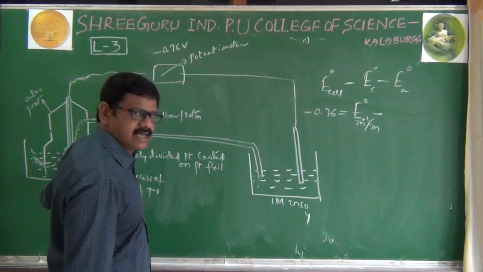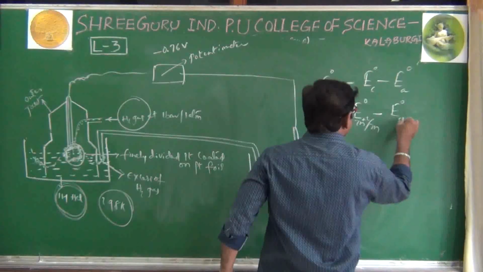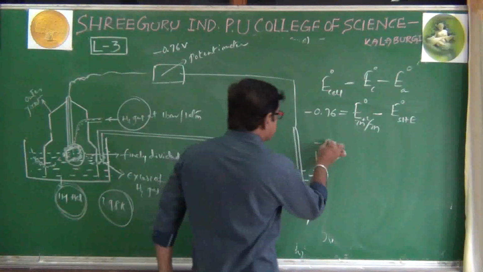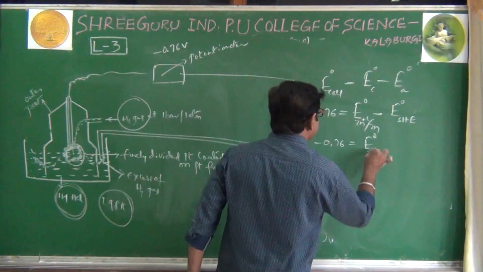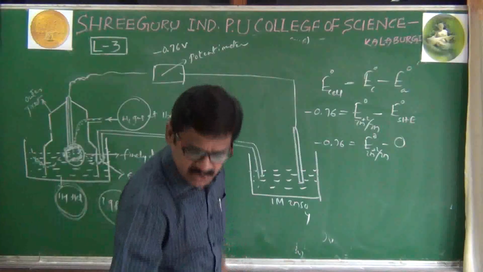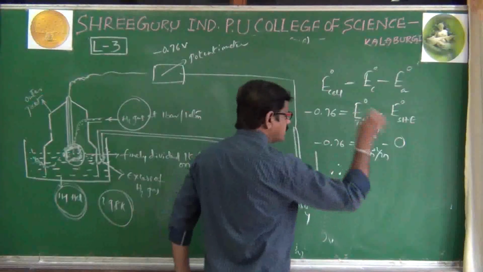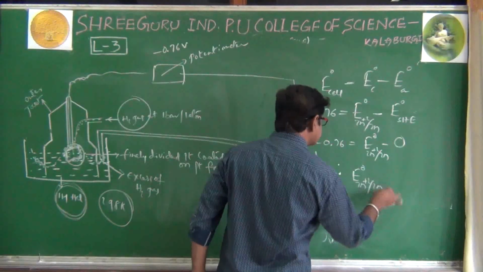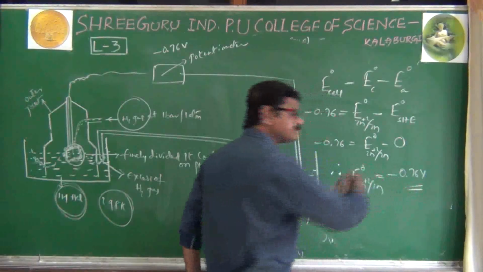Definitely SHE, the standard hydrogen electrode. So minus 0.76 equals E0 Zn2+/Zn minus 0, because the SHE value is assumed to be 0. Therefore, finally, E0 Zn2+/Zn is minus 0.76 volts.